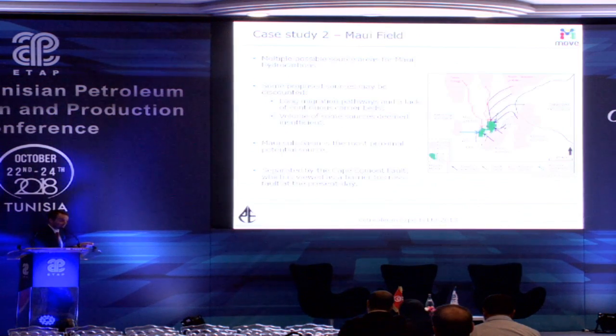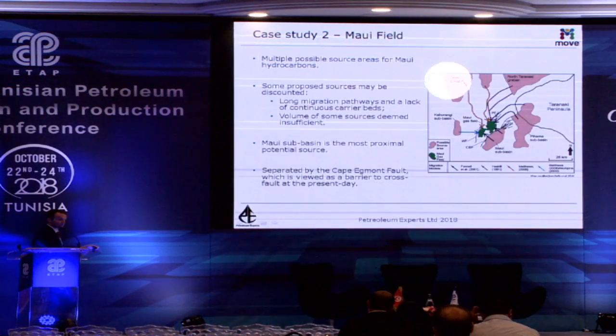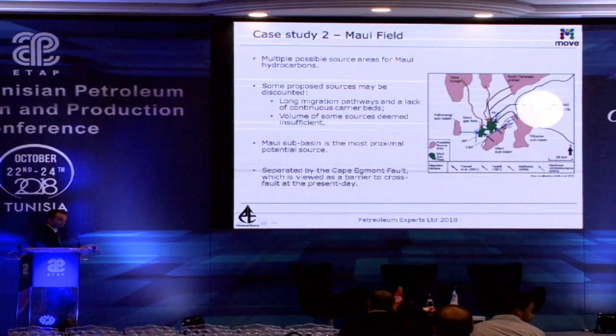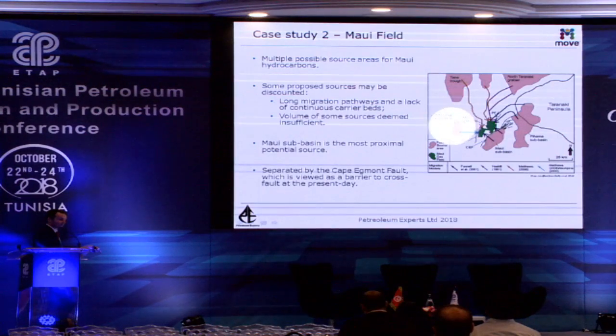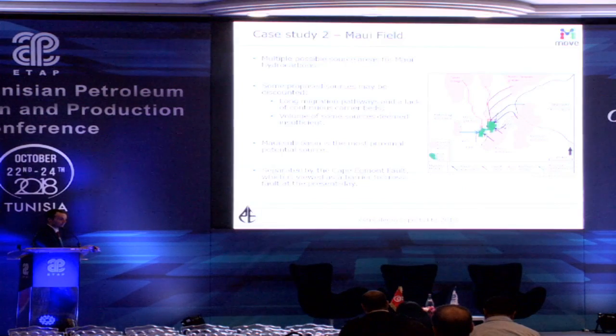about how it's been charged. So publications over the past 15 or so years have proposed multiple different sources for the hydrocarbons found in Maui, from 100-kilometer long migrations from the north to migrations north then south around the top of the fault, and migrations from the west from very small source areas actually.